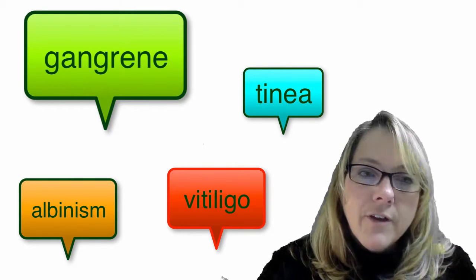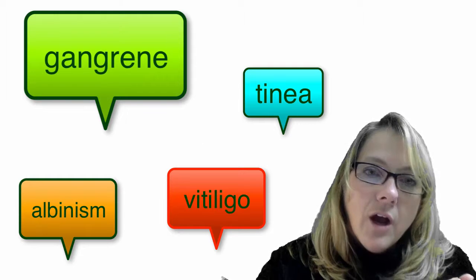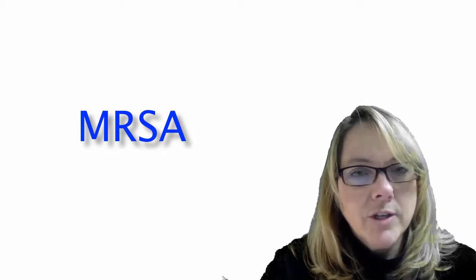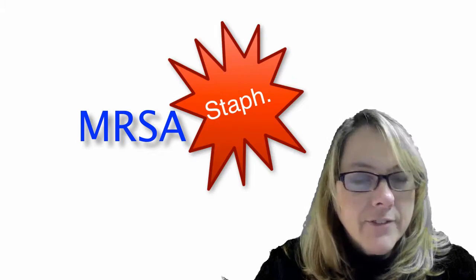And then we have a couple of things that there are also acceptable abbreviations for. Abbreviations are usually a shortened form of the word, or a lot of times in medicine it is the first letter of each word, and we use that as an acceptable abbreviation. So BCC is basal cell carcinoma. MRSA, most all of you have probably heard of MRSA. That is a staph infection, but it's not just a staph infection.